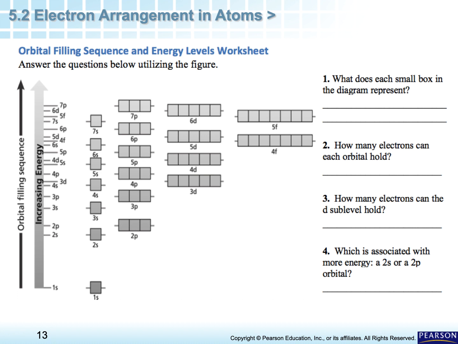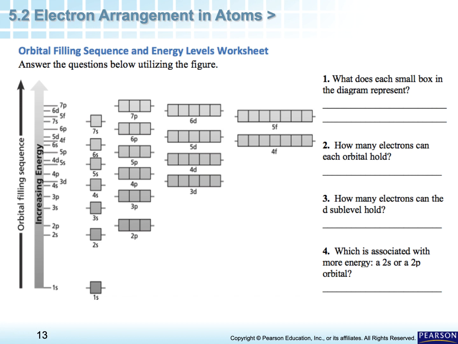The only difference is to the right of it, instead of just having 1s2, they have a box. And then 2s, they have a box. And then 2p, they have 3 boxes. And the d's have 5, and the f's have 7. So it's the same thing, it's just this is a graphical representation of what we just did.